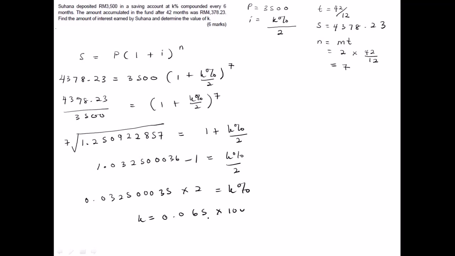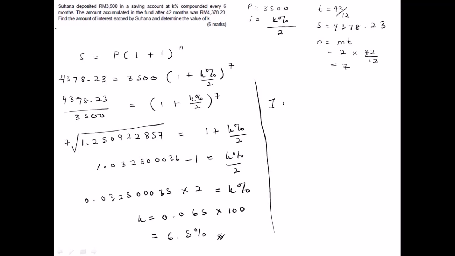Okay, multiplied by 100 so that the final answer is in percent, and the answer is 6.5%. So that is the value for K. And then the question asks us to find the amount of interest.